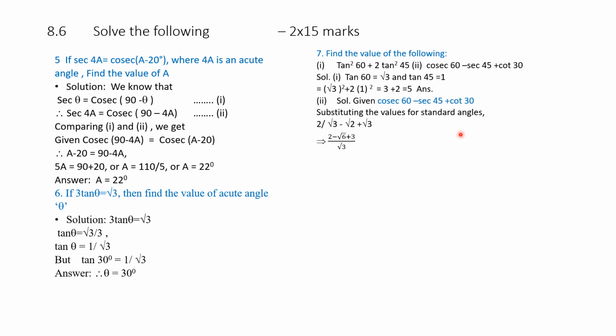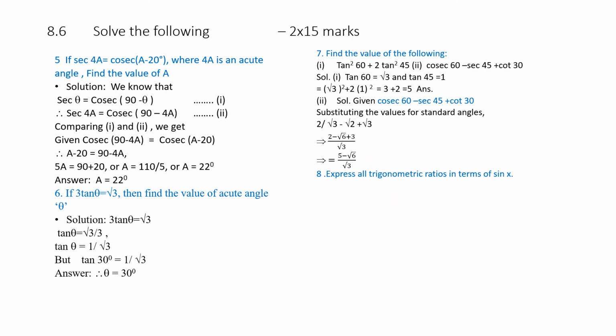Therefore, 2 minus root 6 plus 3, taking LCM as root 3. Therefore, it is 5 minus root 6 divided by root 3. This is the answer.